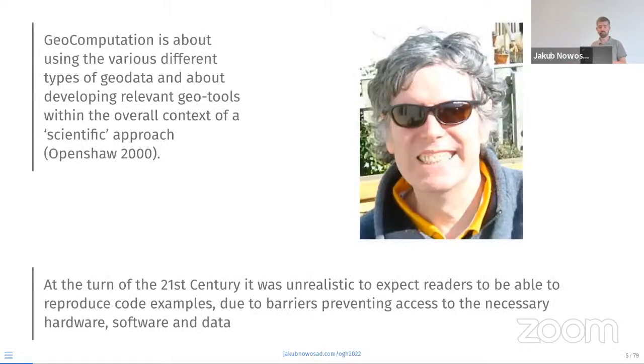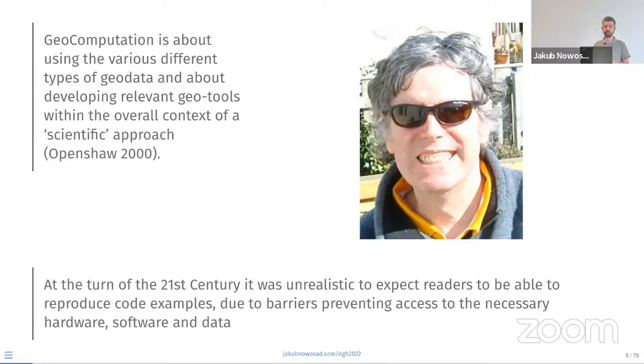And geocomputation was defined by Stan Openshaw, and the main idea is that we have various types of geodata, and we want to build geotools to provide some ways to do scientific analysis and to answer some scientific questions. And at the time, in 2000, when he made that statement, it was hard to think about reproducibility the same way.